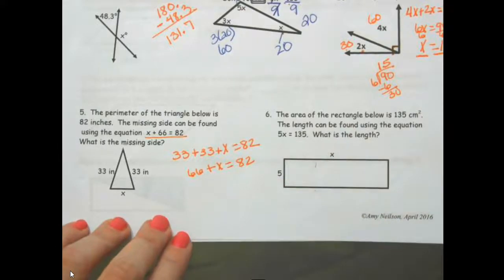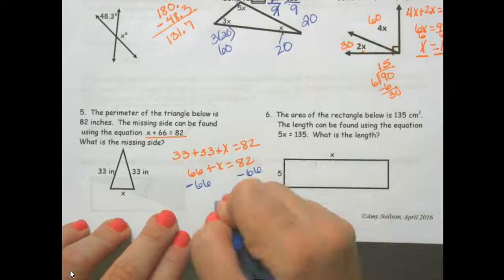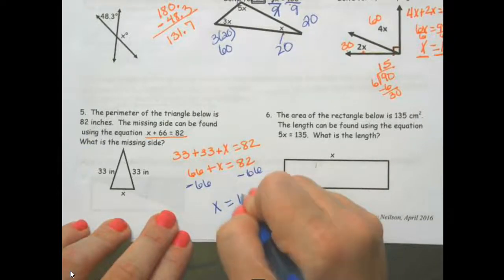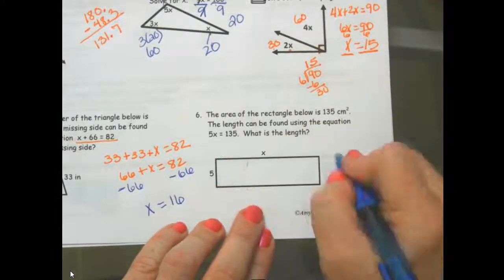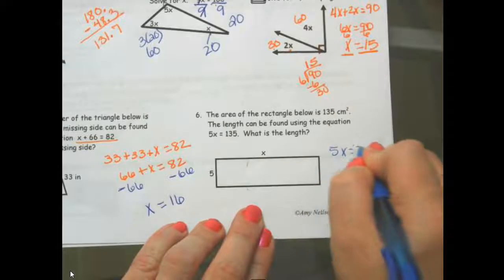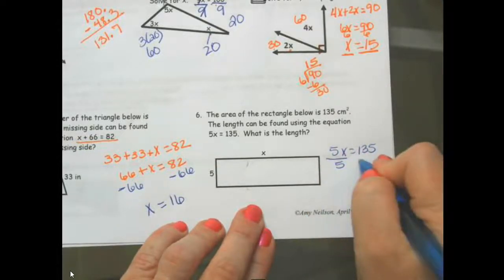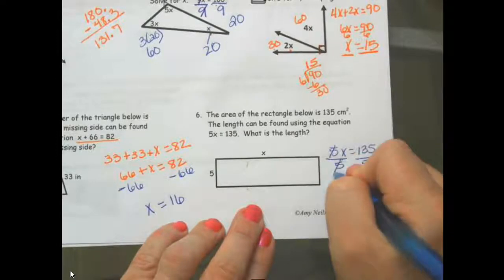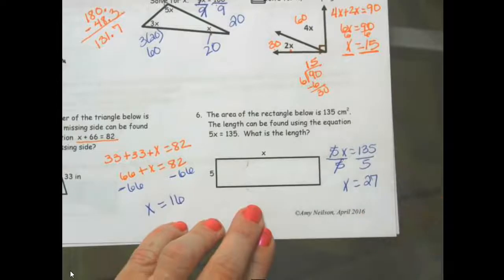So I'm going to subtract by 66, subtract by 66, x equals 16. Here they give you the equation. 5x equals 135. Divide by 5, divide by 5, x equals 27.